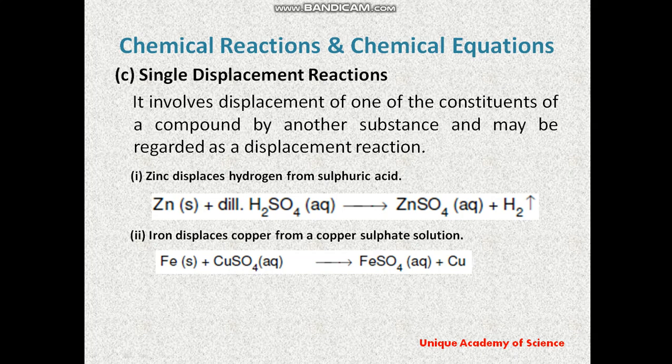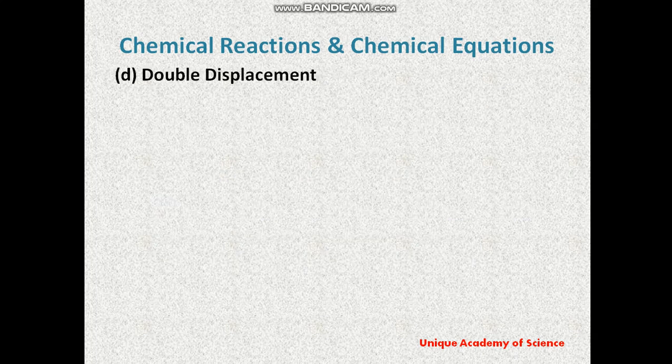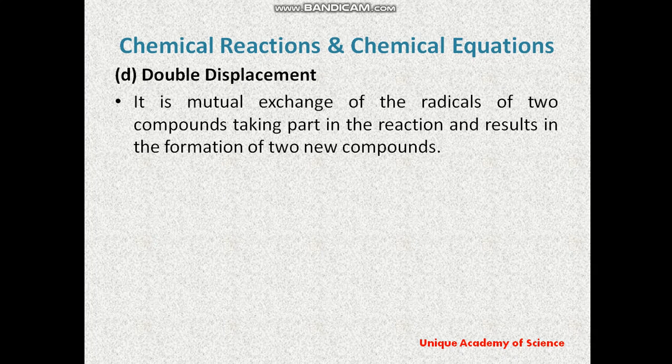It gives FeSO4, which means ferrous sulfate, whereas the copper is removed. So Fe is combined with the SO4 and the Cu is displaced. So we can say that this is an example of a single displacement reaction.